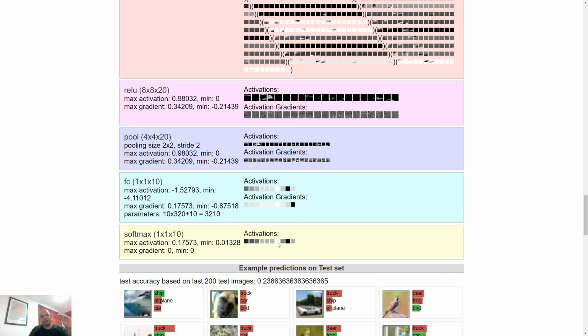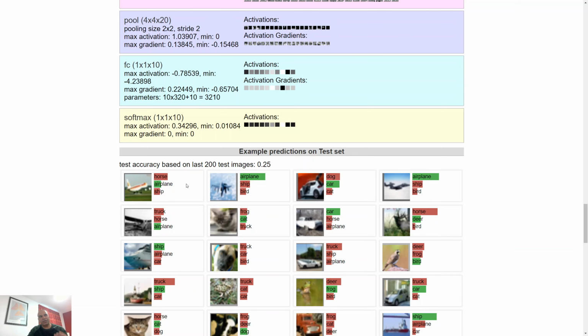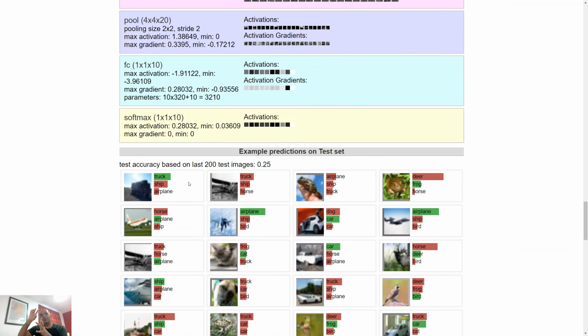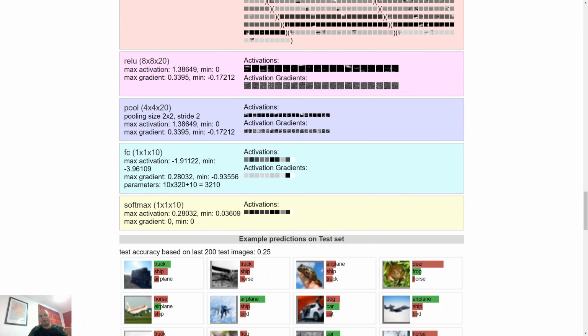So for example, currently for this particular input image, the neural network thinks that it has a high probability of being a horse, which is wrong, right? So it compares that to the target label, and it tries to minimize that classification error by optimizing over the filters that it's trying to learn, and the classifier weights.